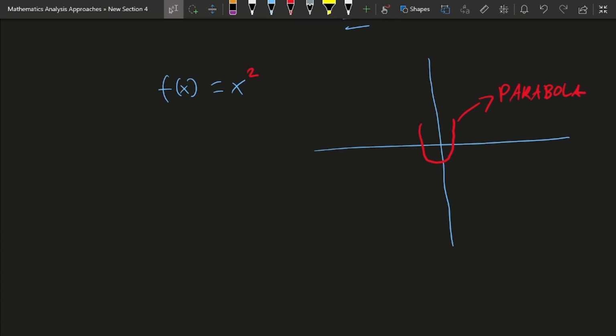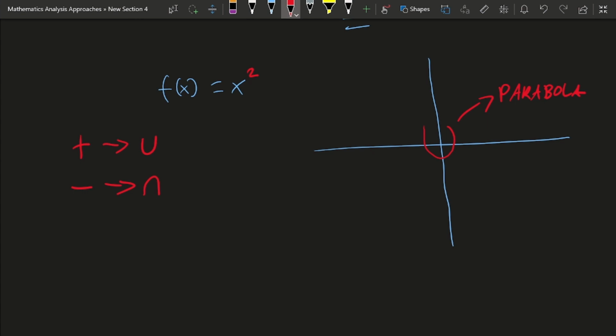This parabola can either be upside up, like so, or upside down. It depends on the operator in front of our function. So if here we have a plus, then it's upside up. If it's negative, then it's upside down. So you should think about it this way. Plus is happy, negative is sad. Okay?